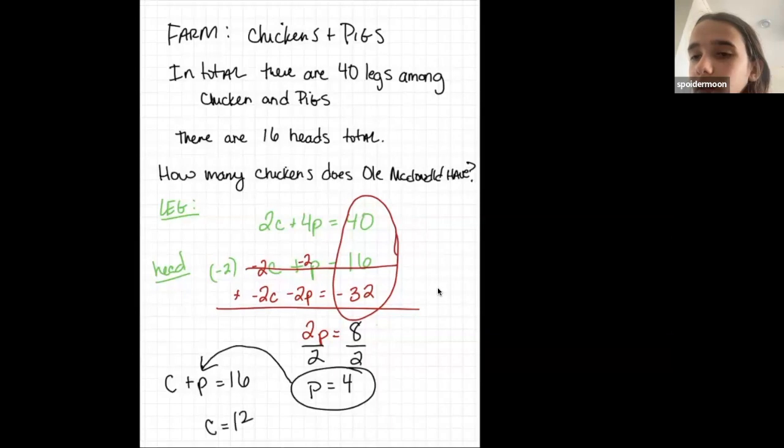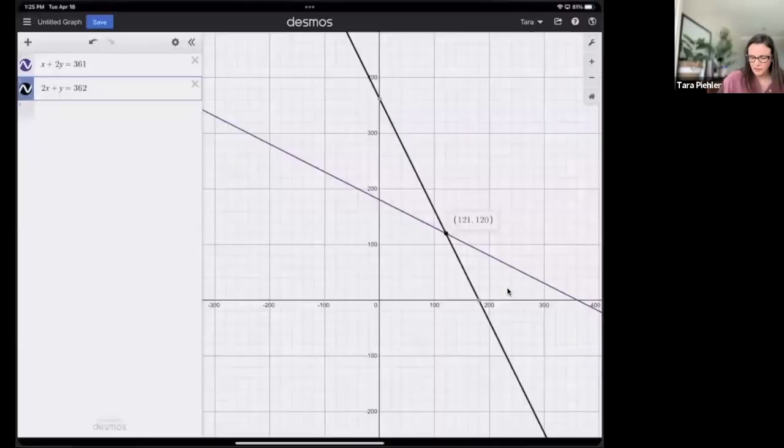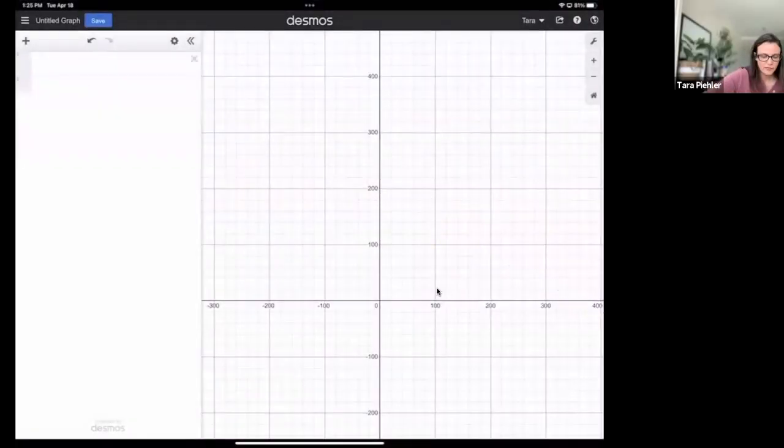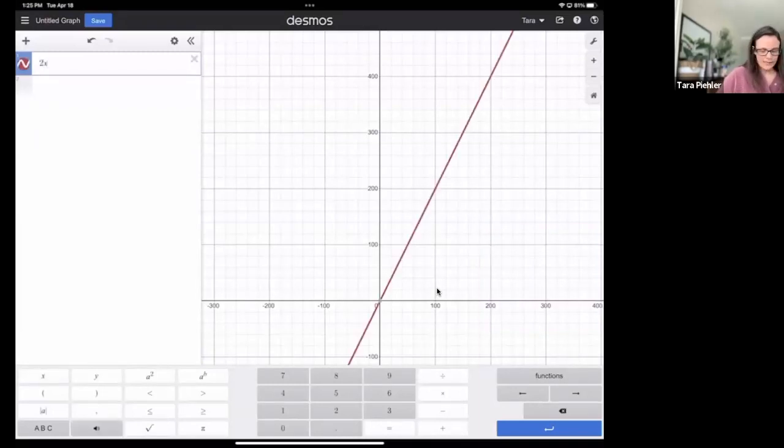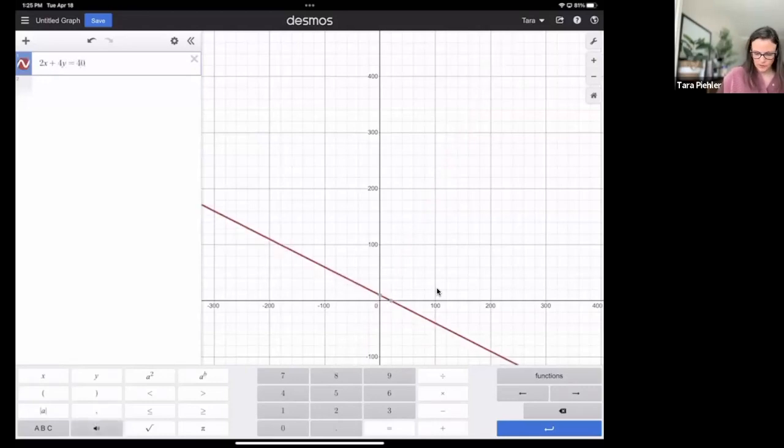All right. So let's make these linear equations, guys. Let's graph old McDonald's farm. Instead of C and P, we'll use X and Y. So we'll say 2X plus 4Y is 40 legs, right? There's our little line.